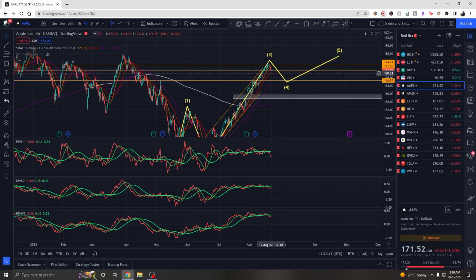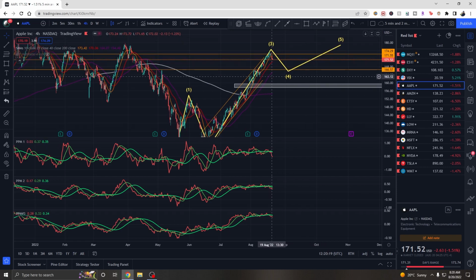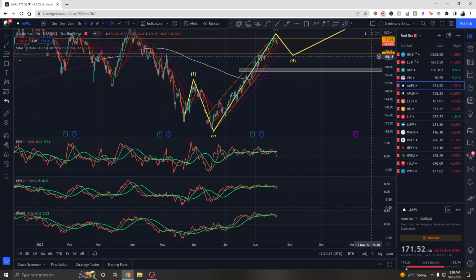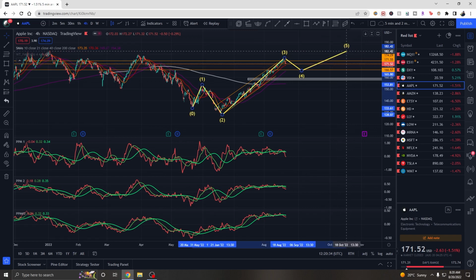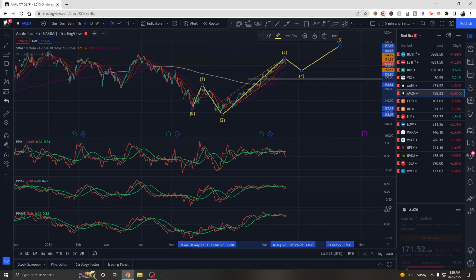So expect a retest of probably this 21 period moving average and 40 period moving average. It might not break through it, but it will definitely come back down to 165 and then bounce back again. At that point it will complete this third wave and then move higher a little bit, completing the fifth wave.